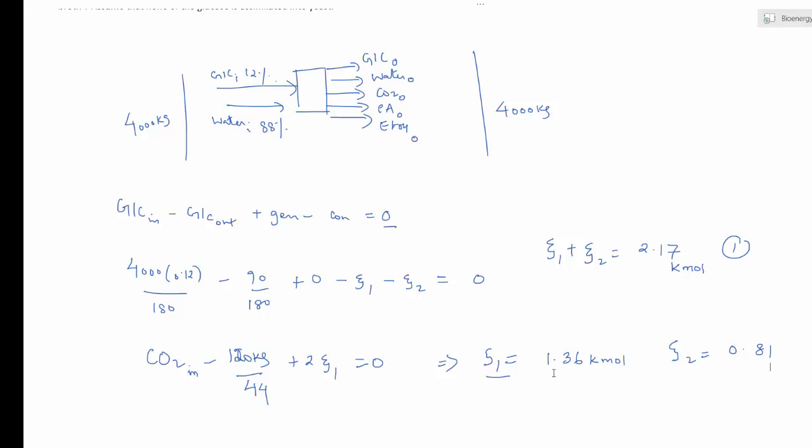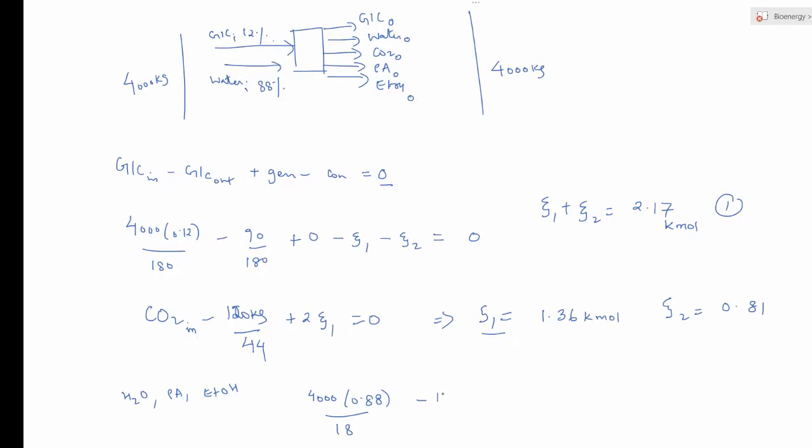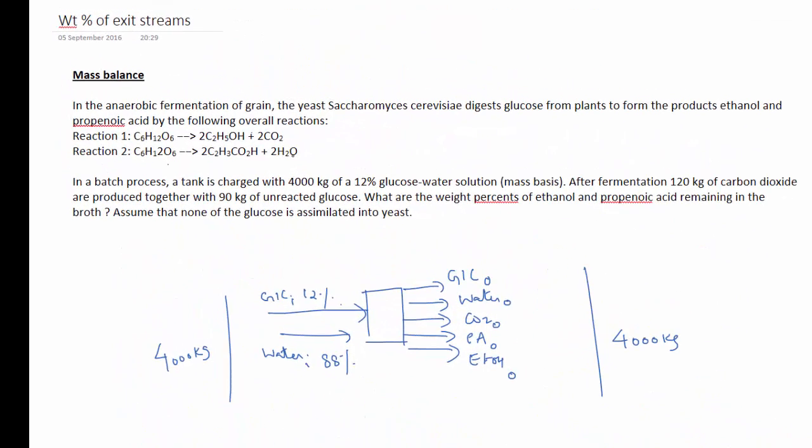And similarly, we can write 3 other balances, one for water, one for propenoic acid, and another one for ethanol. So the water, it's coming in, which is 4,000 times 0.88 divided by 18. That's going to be the moles of water coming in, and it's going out, which we don't know how much it is, and it's generated through the second reaction.